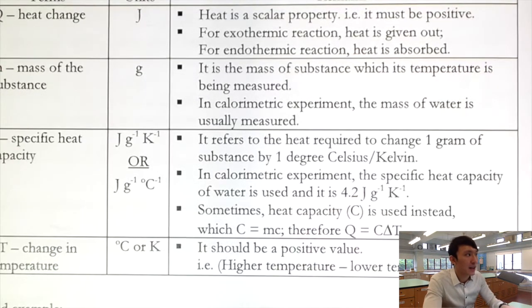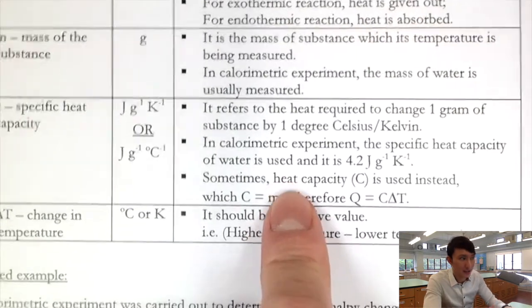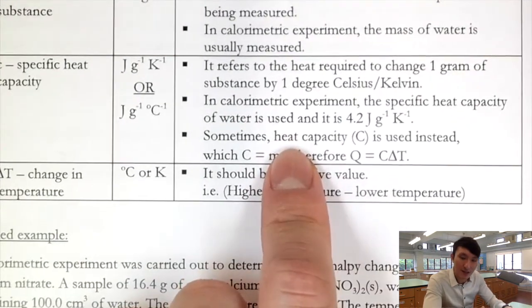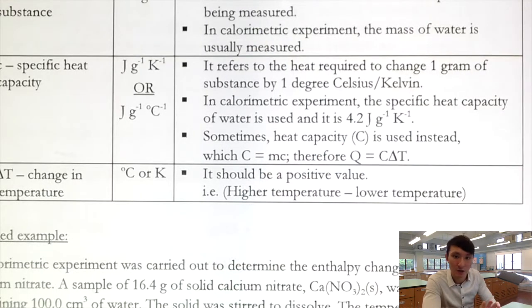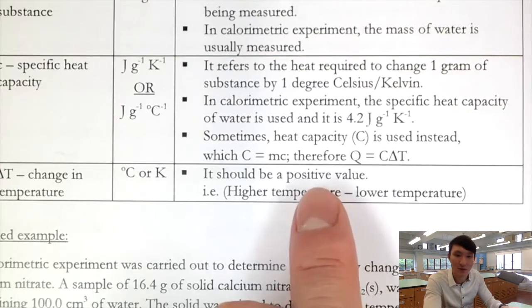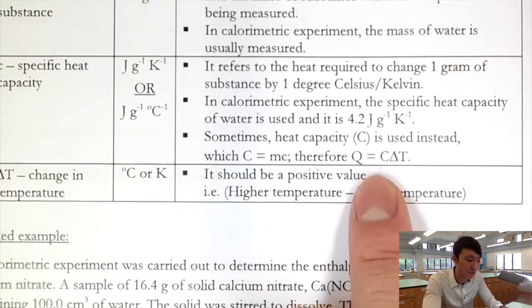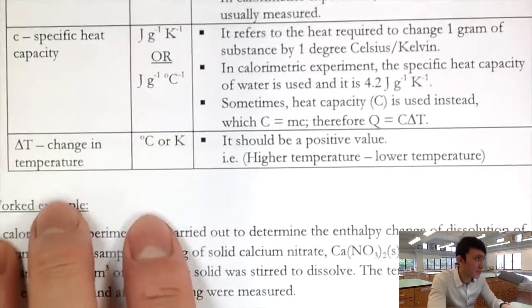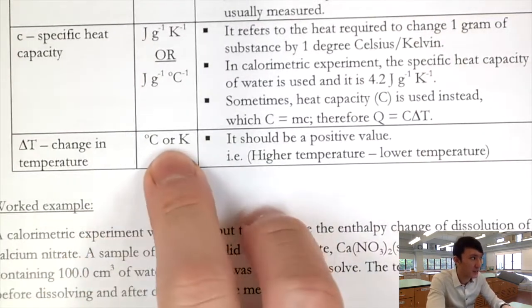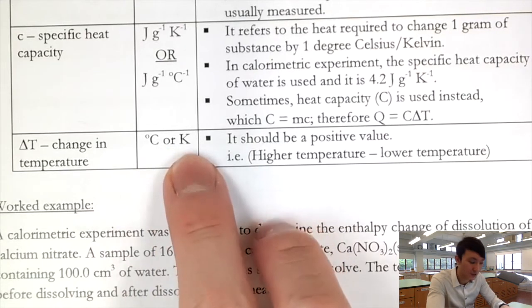Okay? And sometimes we use heat capacity instead. Basically, heat capacity, this capital letter C, already includes the mass of the substance. So instead of putting down Q equals mc delta T, we can simply put down Q equals C delta T. Okay? And temperature change is either in degrees Celsius or Kelvin. It doesn't matter.